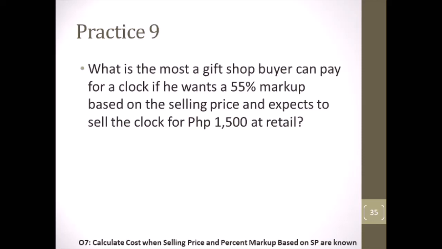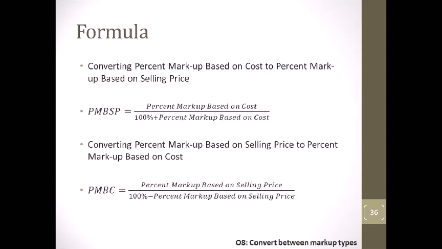For our last objective, we will be using these formulas. The objective is to convert between markup types, so from markup based on cost to percent markup based on selling price, and from percent markup based on selling price to percent markup based on cost.